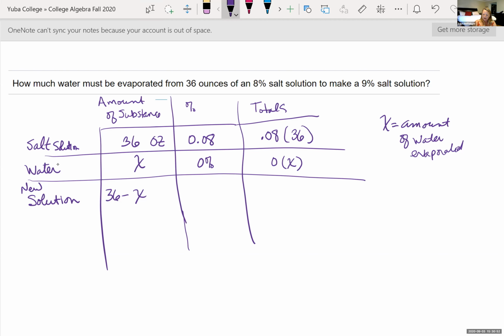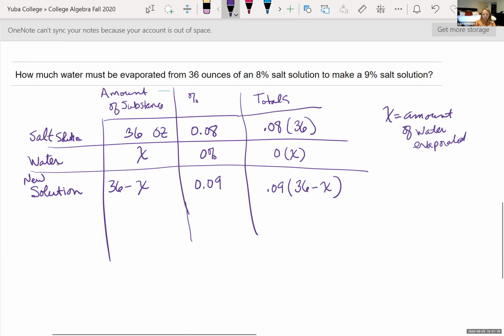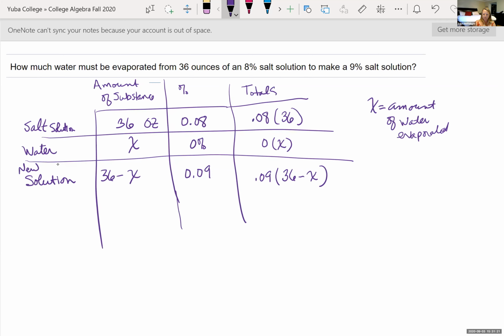We want our new solution to be 0.09. And then the total of our new solution would be 0.09 all times 36 minus X. Amount of solution, okay. So this is what I believe we do.